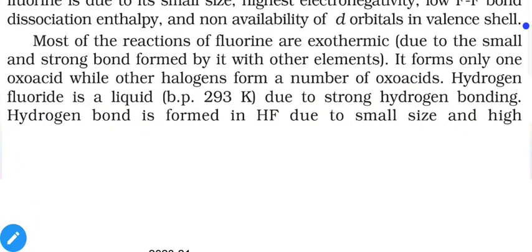The most reactive reactions of fluorine are exothermic due to the strong bond formation by it with other elements. It forms only one oxoacid while the other halogens form a number of oxoacids. Hydrogen fluoride is a liquid due to strong hydrogen bonding. Hydrogen bond is formed in HF due to the small size and high electronegativity.